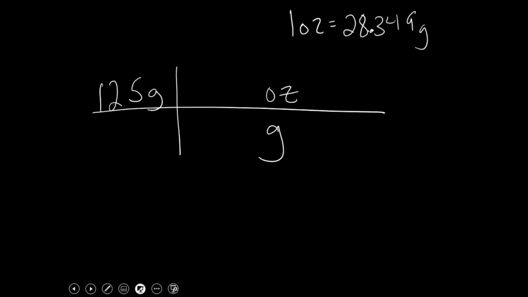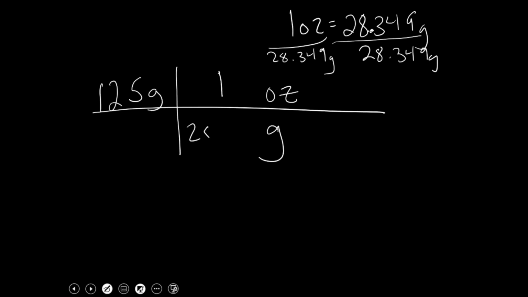So since we want ounces on top, that means I need to divide both sides by 28.349 grams. Okay, so 1 ounce on top, 28.349 grams on bottom. So that simplifies to 125 divided by 28.349.